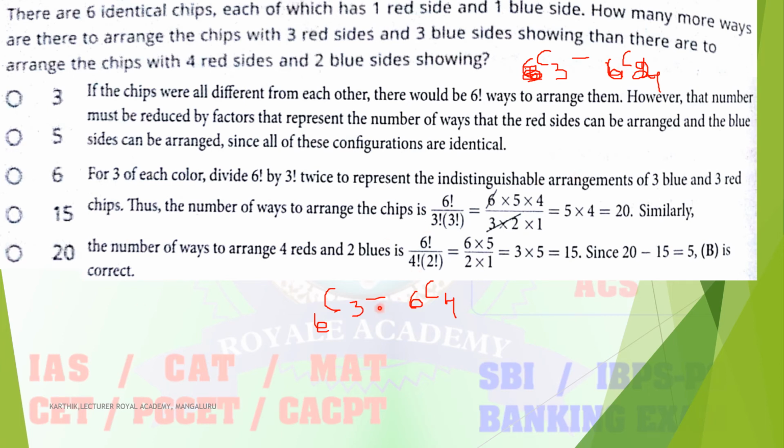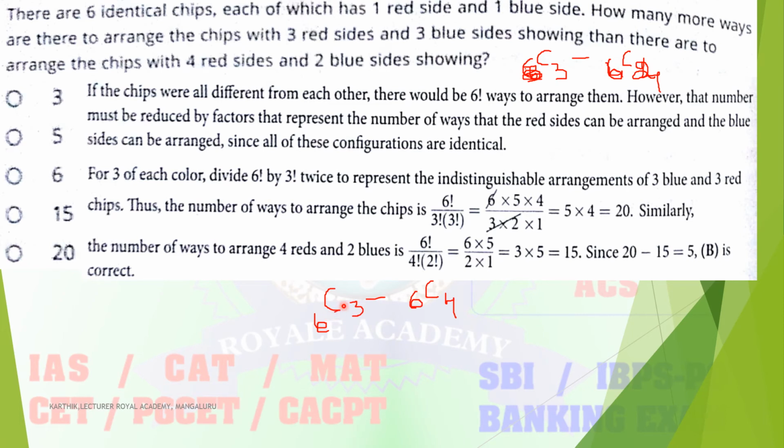So what is that? 6C3, where n is 6 and k is 3. So 6 5 4 divided by 3 2 1, and the 3 factorial cancel each other. I hope all of you understood how to determine this combination. 6 factorial is 6 5 4 3 2 1 divided by 3 factorial times 3 factorial.